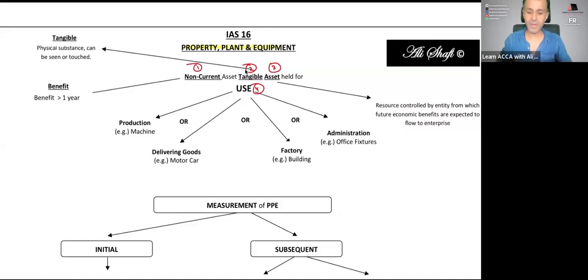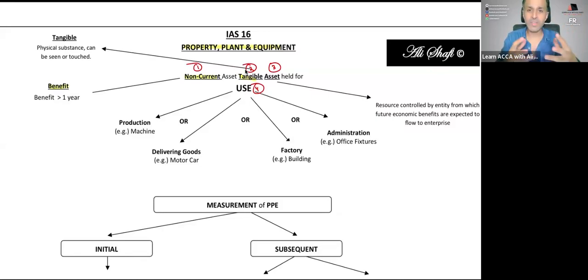Any asset whose benefit you get for more than 1 year is called non-current. In such a nice manner, to the point, it's there. No such text you will find, just a word or two. The dictionary meaning of the word tangible is: can be seen, can be touched, can be felt, does carry a physical substance.